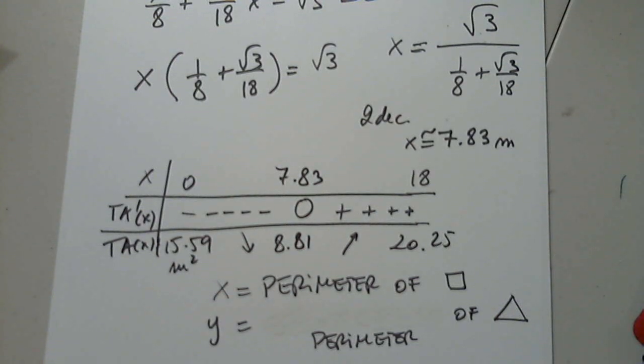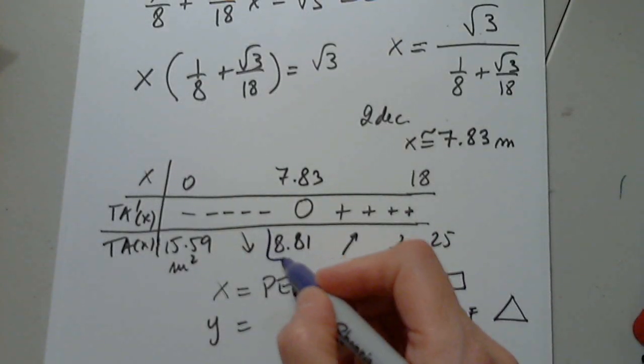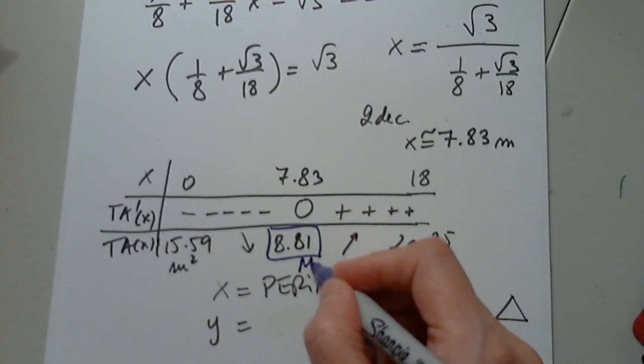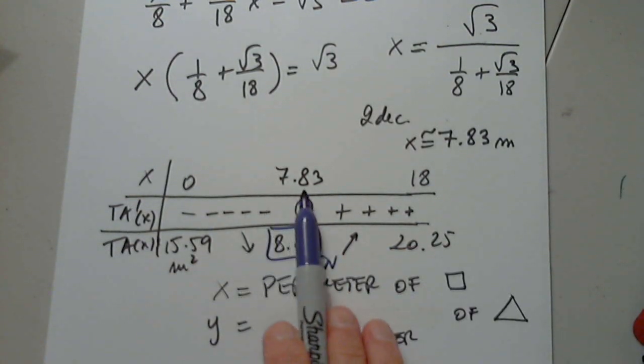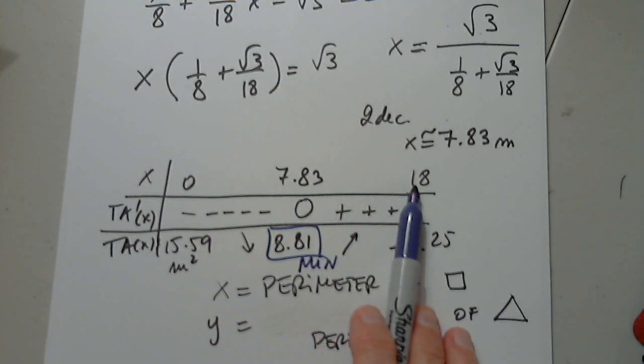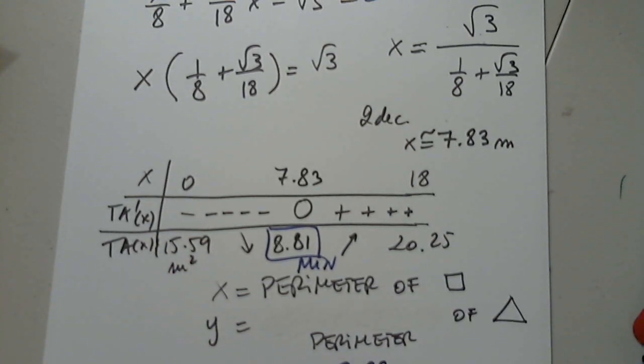Okay. So, obviously, from what we see, this is the absolute minimum, meaning 7.83 meters out of 18 will be bent into the square, and the rest, y, will be 18 minus 7.83.